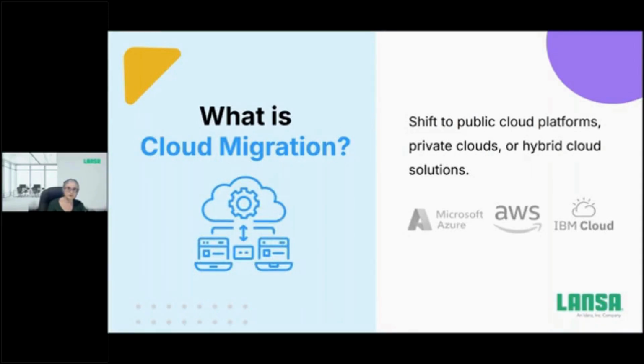So when we talk about this migration, it's taking it to a private cloud or a hybrid solution or a public cloud. Public clouds like Azure, AWS, IBM. There are private clouds that operate in a more unique method for yourself.